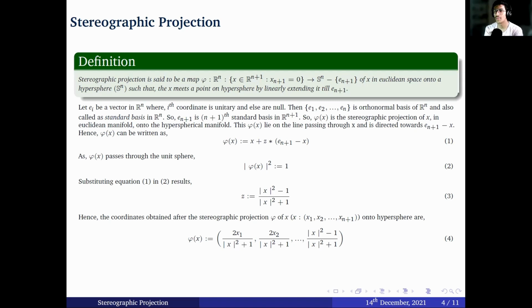So we try to map this n-dimensional Euclidean space to the hypersphere so that the point linearly extends till e n plus 1, but it cannot touch e n plus 1. While extending it, it touches the hypersphere at a point, and that is the point where the projection is actually implied.